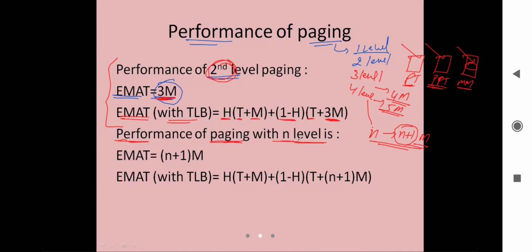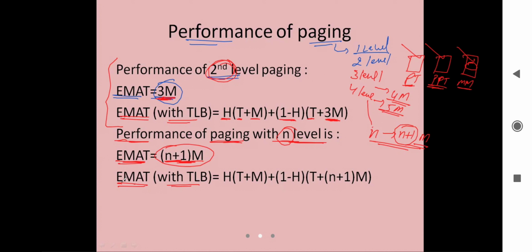If there are n levels, then the effective memory access time will be n plus 1 M. And the effective memory access time with TLB, this one is without TLB, okay?